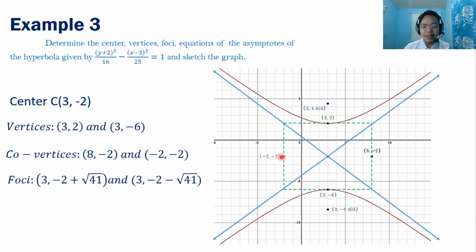Then after plotting the vertices and the co-vertices, magdo-drawing tayo ng auxiliary rectangle. So for us to be able to have our asymptotes. So after drawing the auxiliary rectangle, we will have our first asymptote here. So passing through the opposite corner and the center, and the other one passing through the opposite corner and the center.